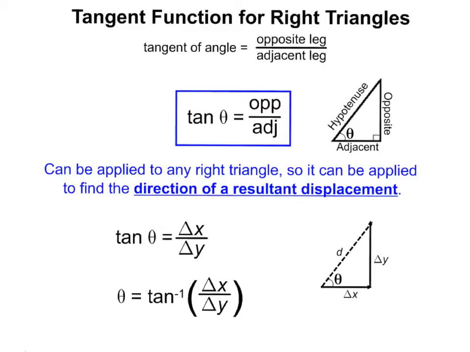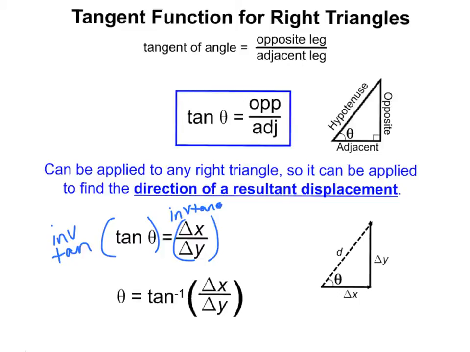Now, in order to solve that, if you knew delta x and delta y, you could solve for theta by simply rearranging algebraically. You can take the inverse tangent of the left side, and take the inverse tangent of the right side.